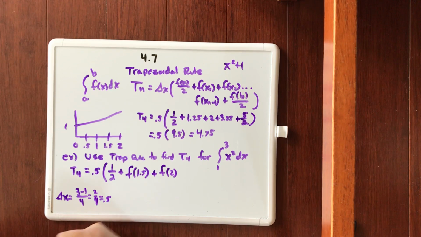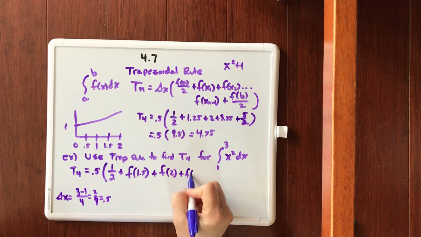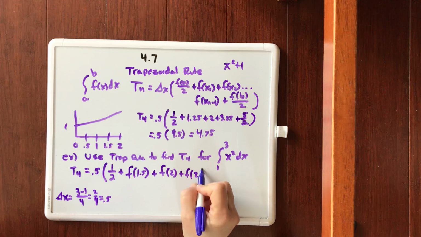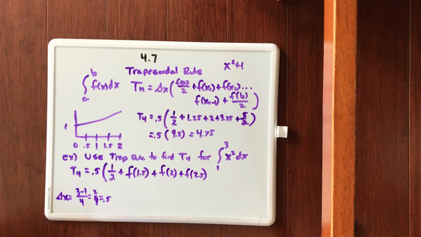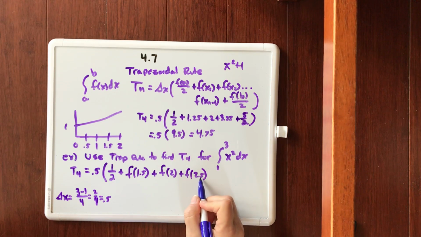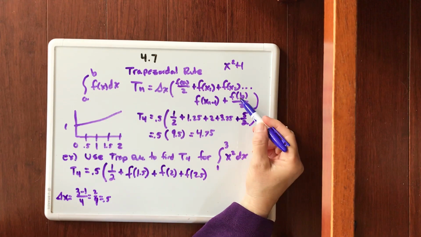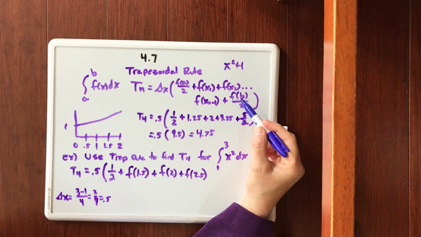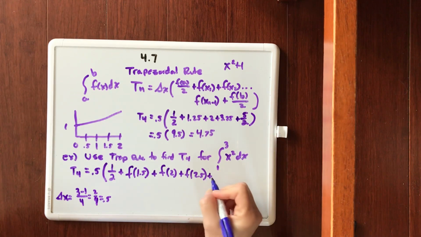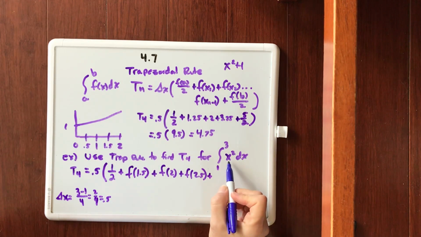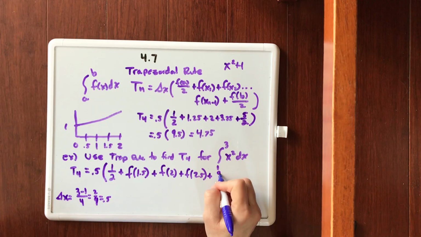And then we'll keep going till we get to the end, plus f of 2.5. And now we're at the end. If we add 0.5 to that, we get 3. So we're at the end. And according to the rule, we're going to do f of 3. Now what is f of 3? If we put a 3 in there, we get 9. So f of 3 is going to be 9 divided by 2.